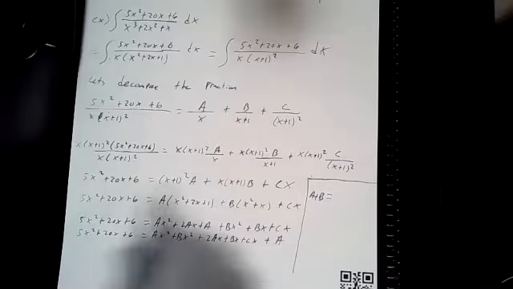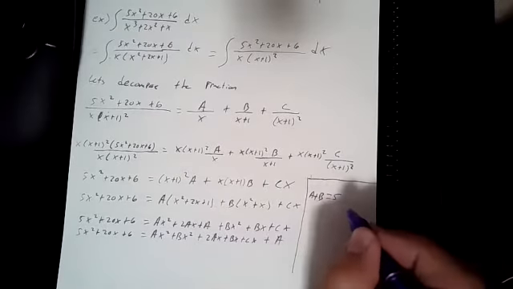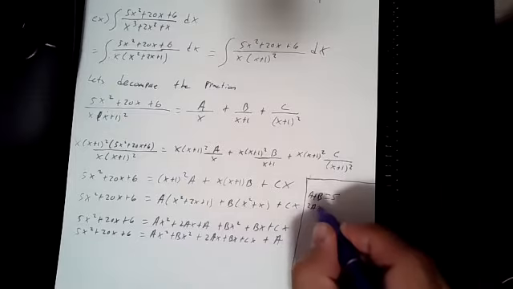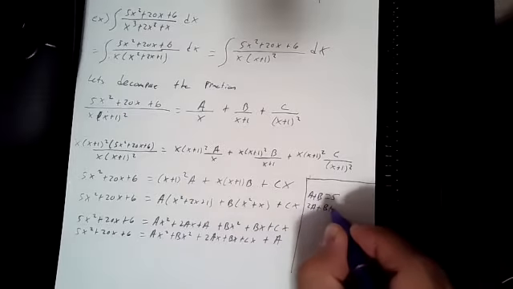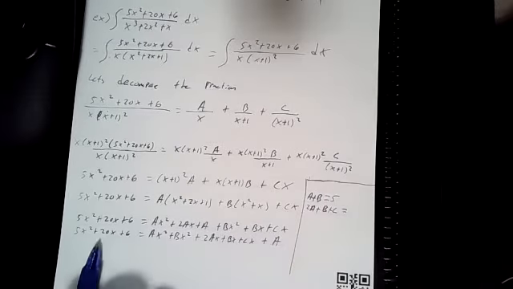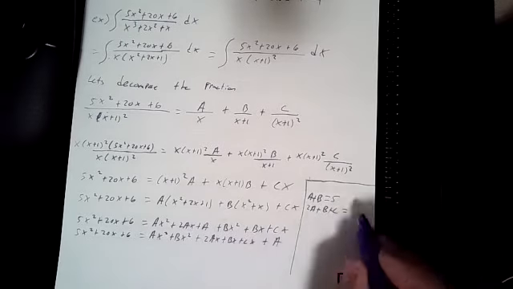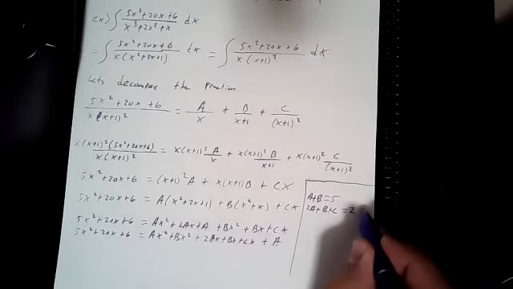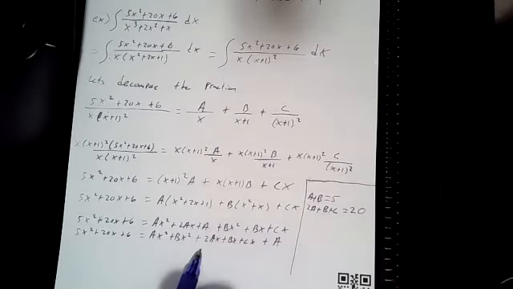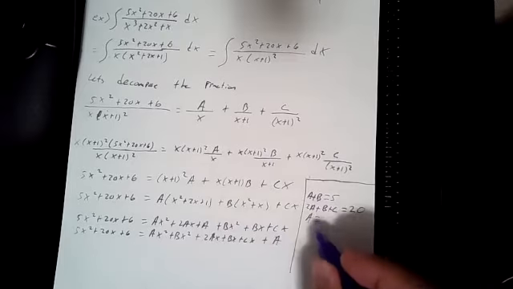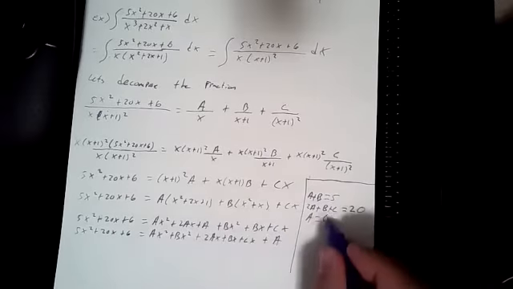Yeah, so we're going to use that 5. Now look at the x terms. 2a plus b plus c is equal to the x coefficient, 20. Now we look at the constant. So then a will be equal to 6.